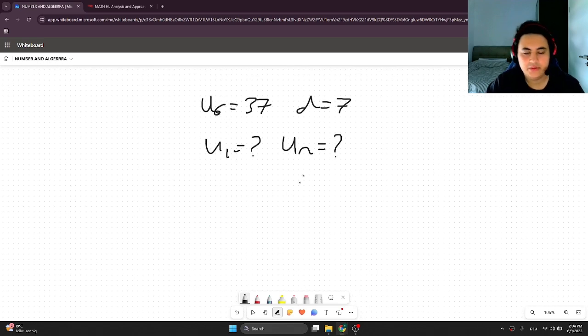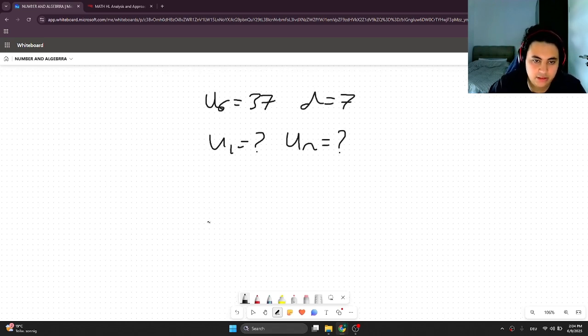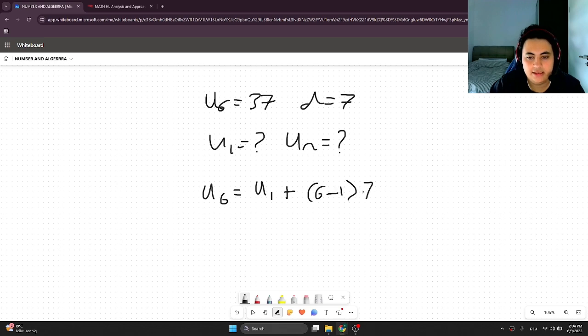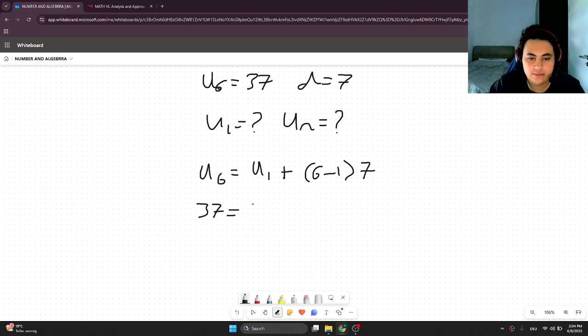Okay, so I have u6 and a common difference. First, we can try to find u1 by plugging u6 into our formula for un with the common difference. So you have u6 is equal to u1 plus 6 minus 1 multiplied by 7, right? So 37 is equal to u1 plus 5 times 7, so plus 35.